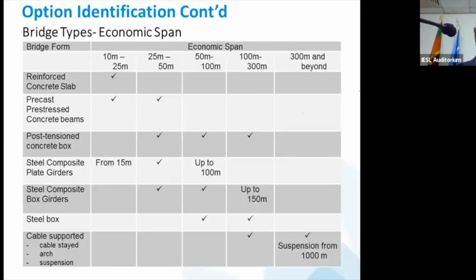So by looking at this, for that 70-meter span, we ended up with post-tension concrete box girders, steel, and steel composites. Of course, we are not going for the cable supported or suspension because it is way above and caters for different spans, right? So straight away, without doing anything, you get an idea what kind of structure is suitable for this location, don't you?